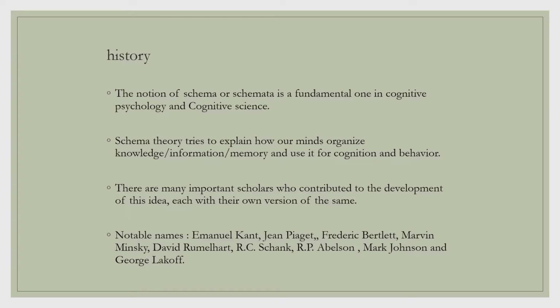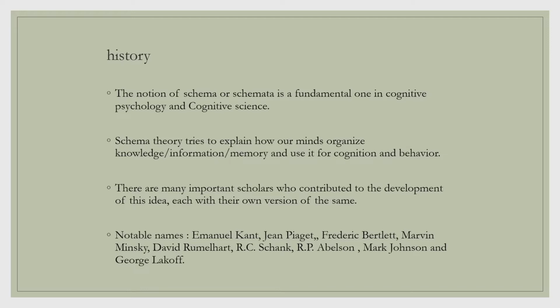So, history. Now, the notion of a schema or a kind of a graphic representation of an event or knowledge system is something very fundamental to cognitive psychology. This has been studied, discussed, written about and theorized for a very long time, and hence it makes it one of the fundamental notions.